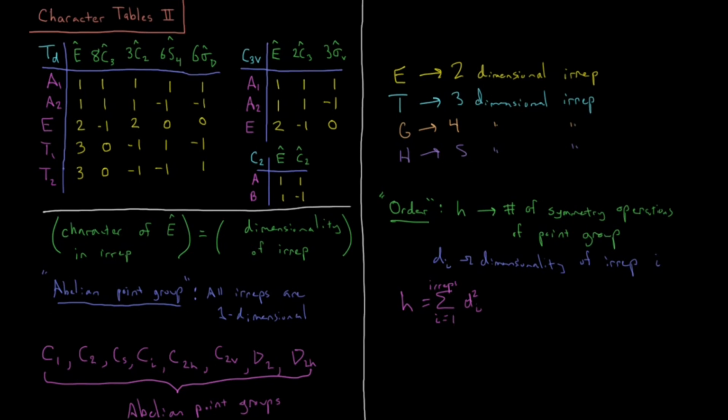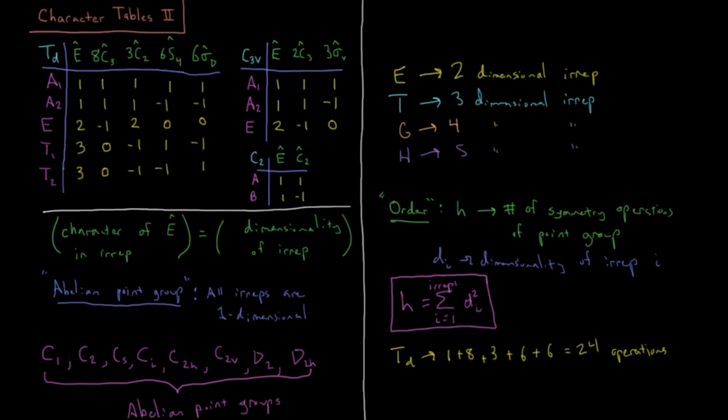We can do an example here for the tetrahedral group and see what the order of the TD group is. For TD, we have 1 plus 8 C3s plus 3 C2s plus 6 S4s plus 6 sigma Ds equals 6, 12, 15, 23, 24. 24 operations.